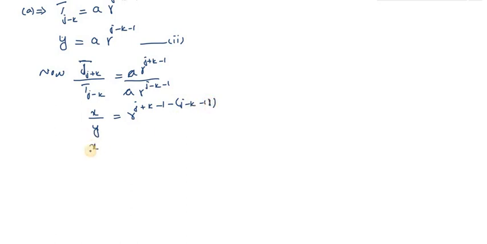So X upon Y is equal to R to the power J plus K minus 1 minus J plus K plus 1. Minus 1 cancels with plus 1, J with minus J, and we get R to the power 2K.